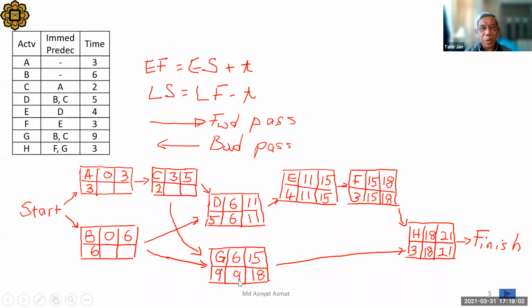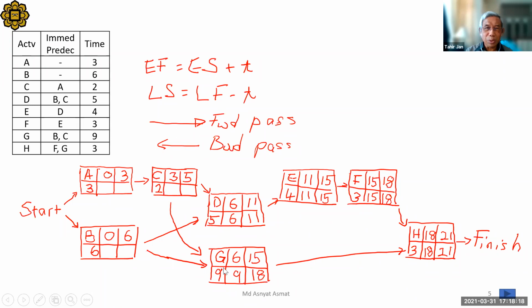When we are going backward, which one should we choose, the lower value or the higher value? The lower value of late start, 6. Agree, everybody?